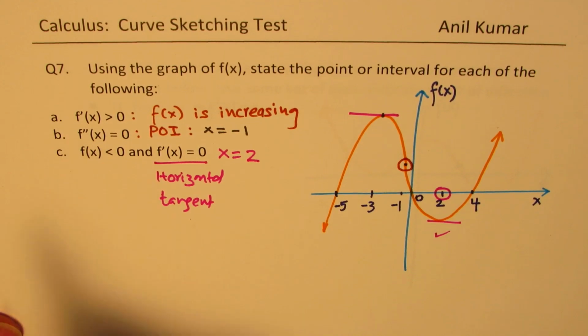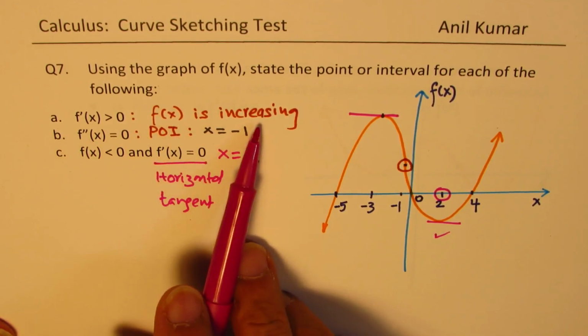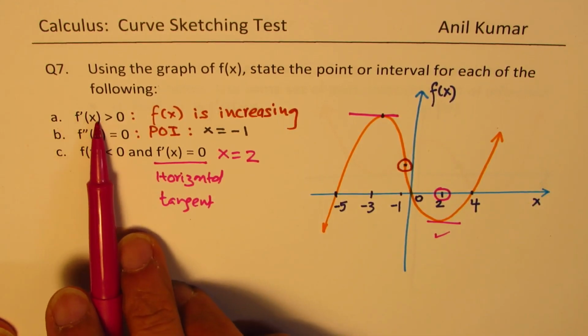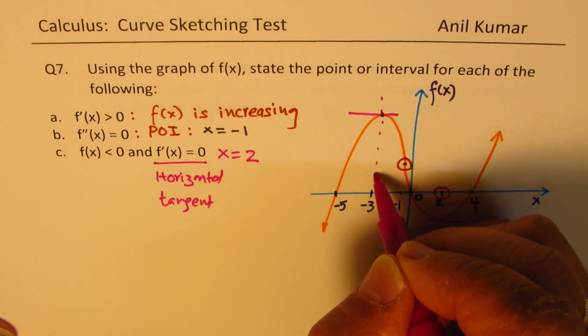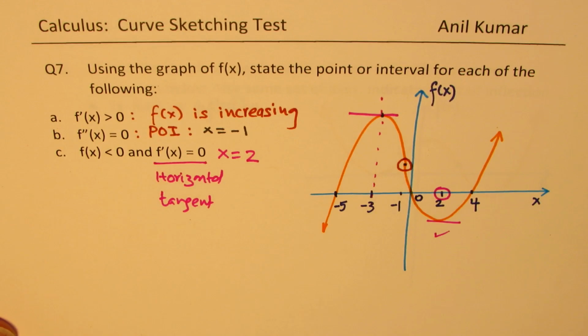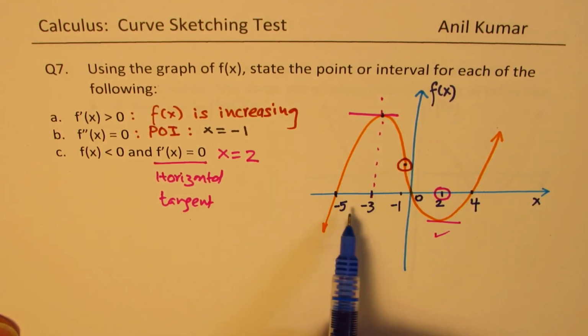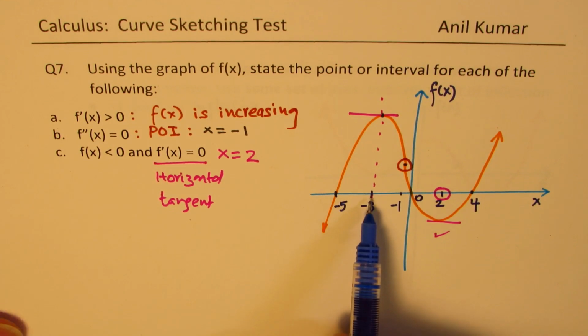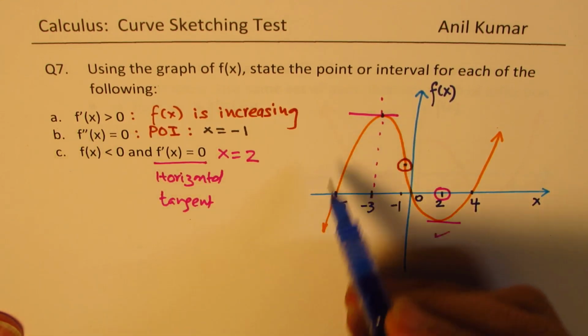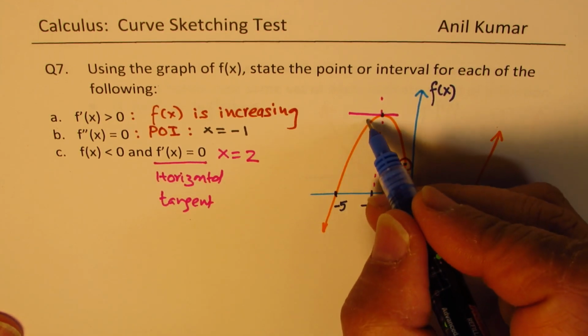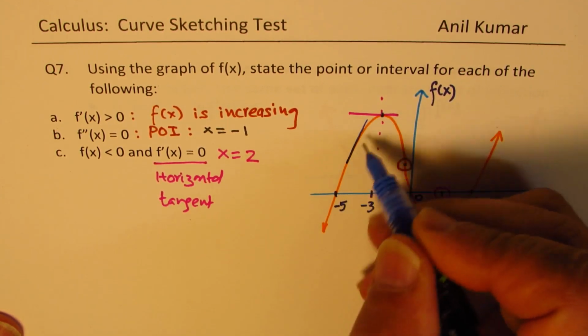Right. Now the first one, f of x is increasing whenever the derivative is greater than 0. So the interval is what? So in the first case, the answer should be, let's write down, from -infinity to -3, right? F of x is increasing, therefore it would be positive. So if I draw a tangent line anywhere, it is increasing, right?